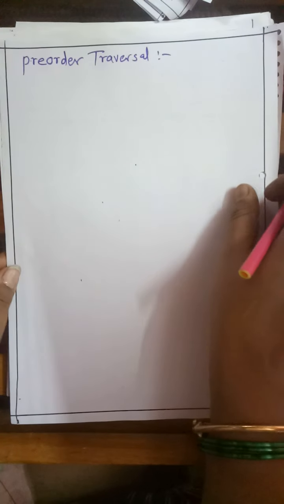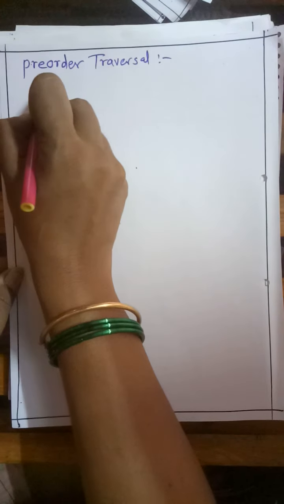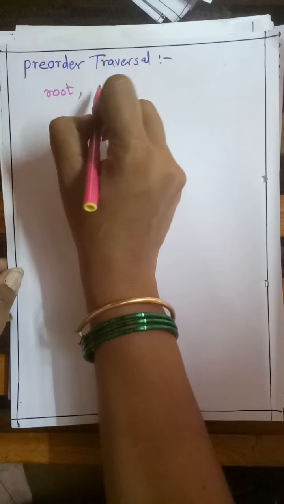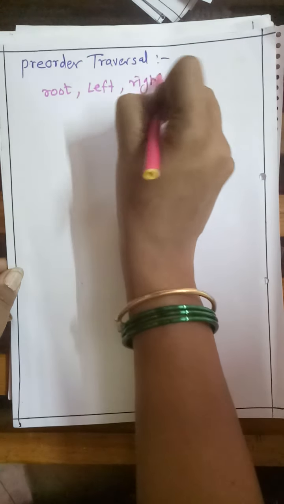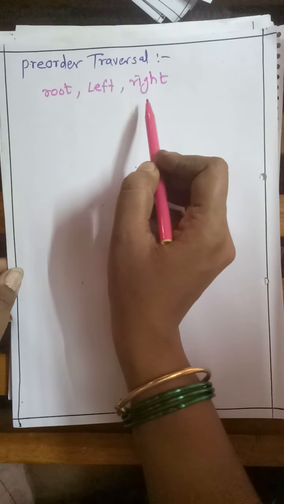Pre means root will be first. We visit the root node first, then the left subtree and then the right subtree. The sequence will be root, left and right.